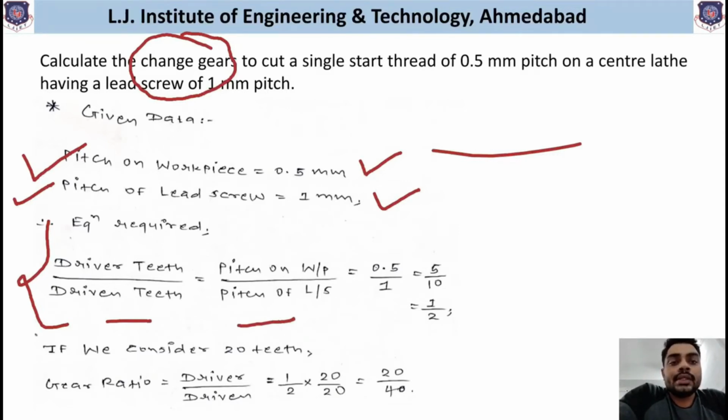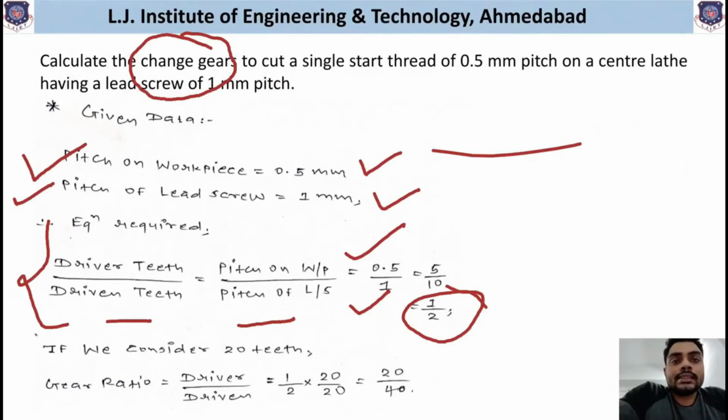We have the pitch of workpiece 0.5 and pitch of lead screw 1. If we rewrite it, it is 5 divided by 10, and in fraction form it will be 1 divided by 2. Keep this in mind, this is the required gearing ratio: driver by driven teeth must have the ratio of 1 divided by 2.